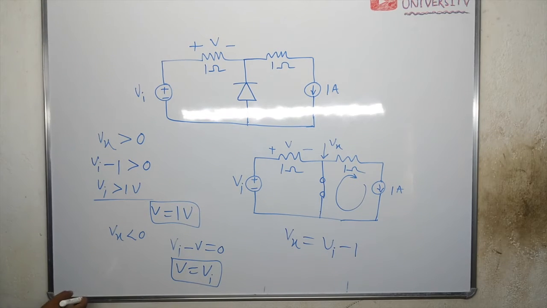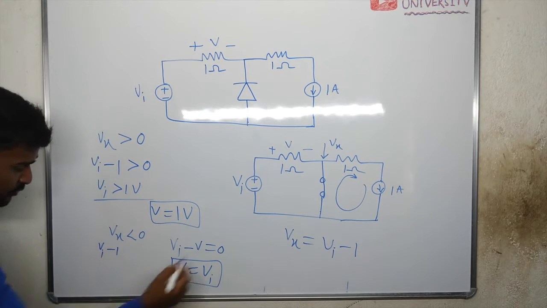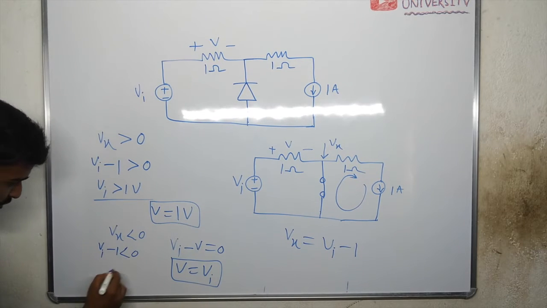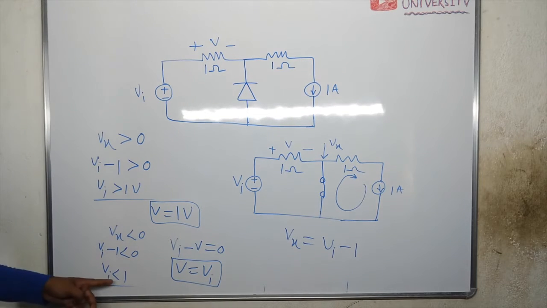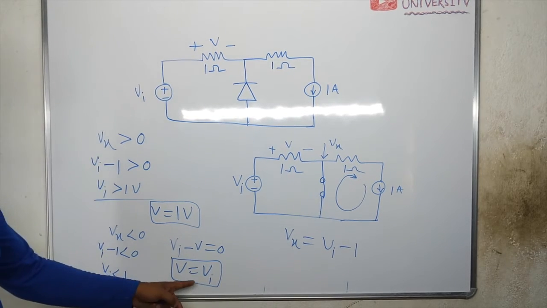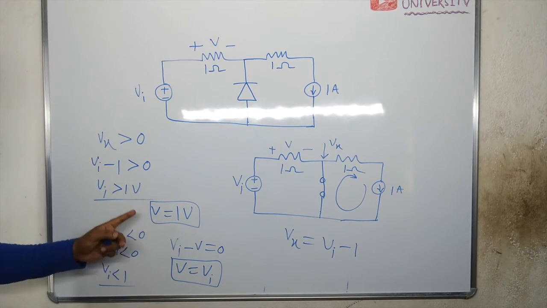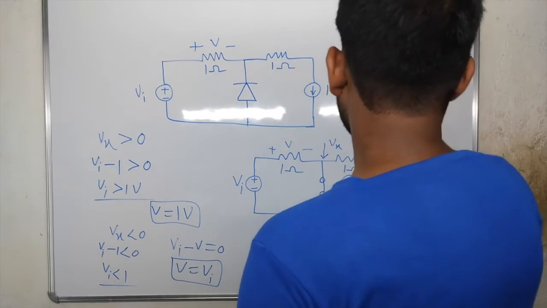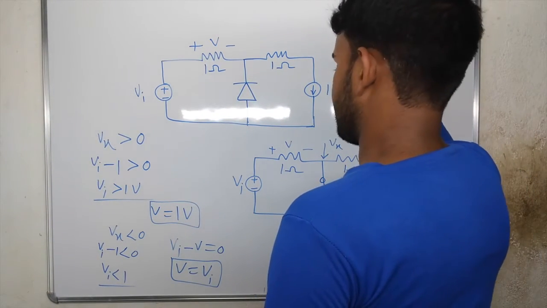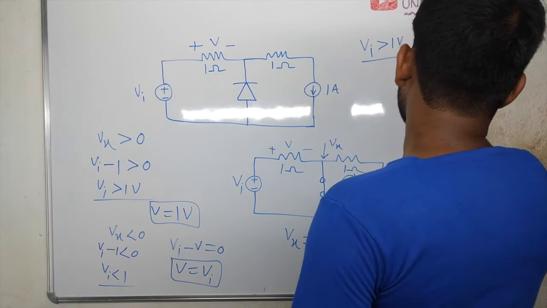If Vx is less than 0, you can say Vi minus 1 is less than 0, or if Vi is less than 1. So this is the condition. If Vi is less than 1, B value is Vi, and if Vi is greater than 1 volt, then B equal to 1 volt. If your input voltage is greater than 1 volt, B equal to 1 volt.